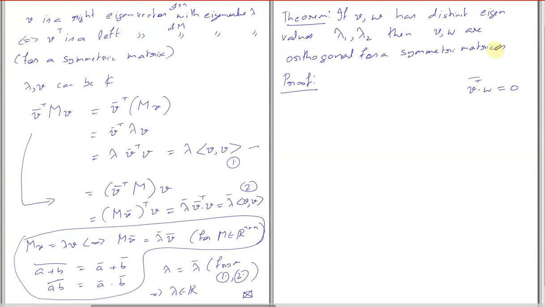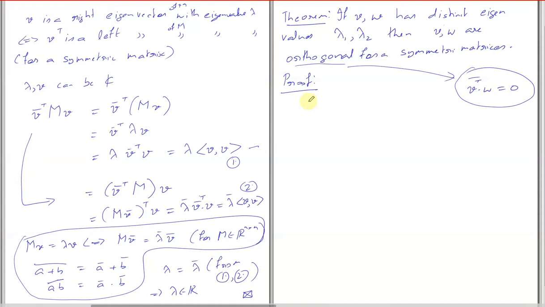So in today's class, we are talking about square symmetric matrices with real entries. Our dot product is basically this. Your vectors can be complex, and your dot product is this. So how do you prove it?